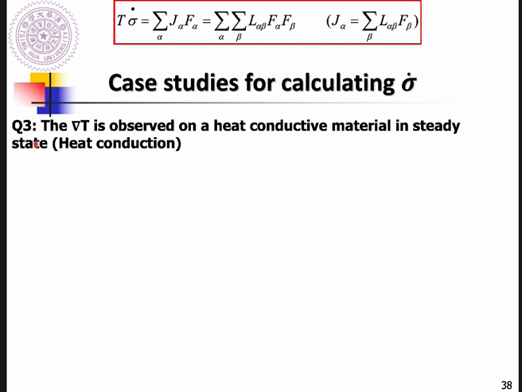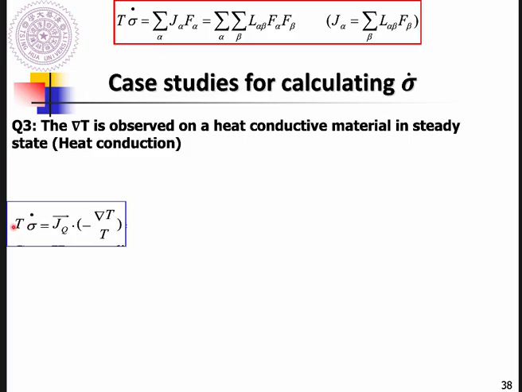Under this situation, what is sigma dot? Based on what you learned here, you can use these equations to get sigma dot, no matter whether one or more driving forces act on the material. But here, there is probably just one driving force, the temperature gradient. So I can directly use J capital Q and F capital Q, because alpha is just one, so alpha equals capital Q.